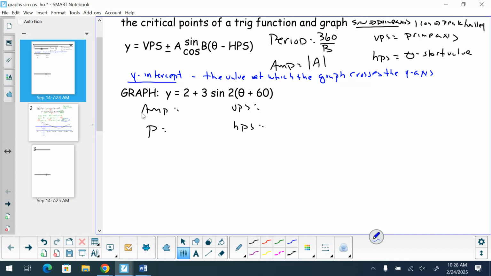And this goes back to the idea of slope and y-intercept. I'm going to want you to also find the y-intercept of your graph here. It's the value at which the graph crosses the y-axis. That's your y-intercept. And the value we know at this is a theta value equal to 0. So you'll have to use your calculator to be able to calculate this.